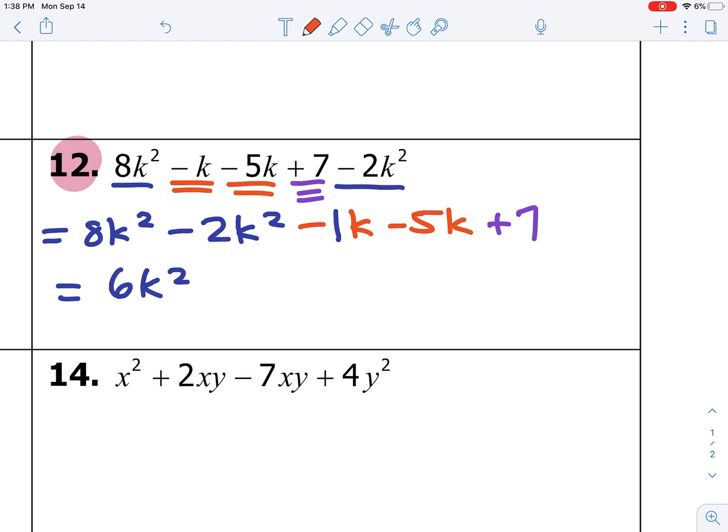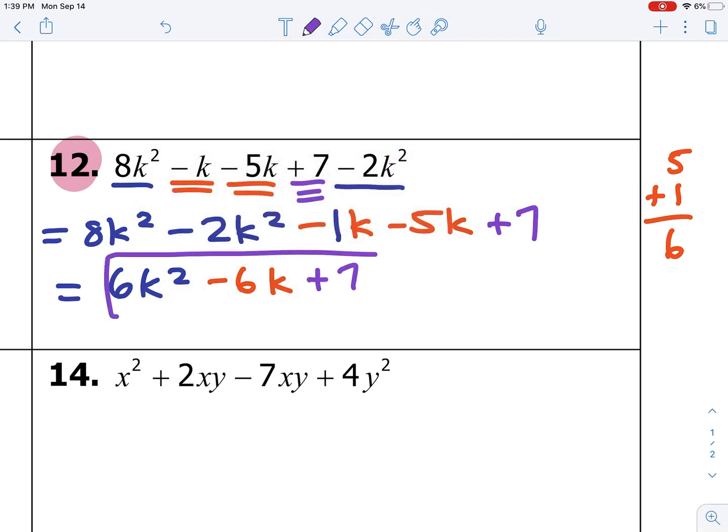So we have negative 1k minus 5k. The signs are the same. When the signs are the same, we need to add. So 5 plus 1 is 6. Both of those numbers are negative, so my result is a negative 6k. And our lonely little 7 just tacks on to the end.